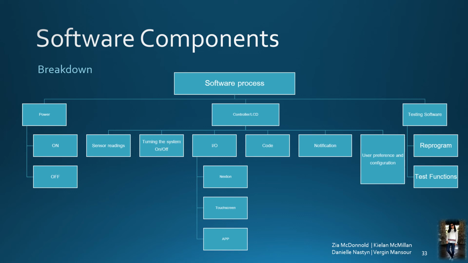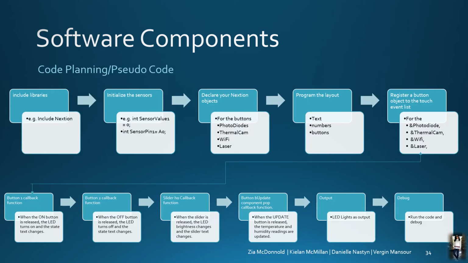Then we would have the code comply and work with all the different types of machines that we have working and all the connections. Also, it should send notifications to the user if possible, and have that set as user preference and configuration.